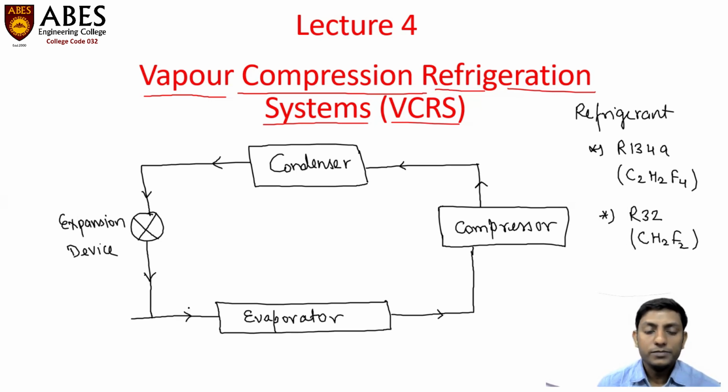This refrigerant is supplied here, usually in liquid form. As this liquid refrigerant passes through the evaporator, it absorbs the latent heat of evaporation from the objects to be cooled down, as a result of which it gets converted into vapor form.